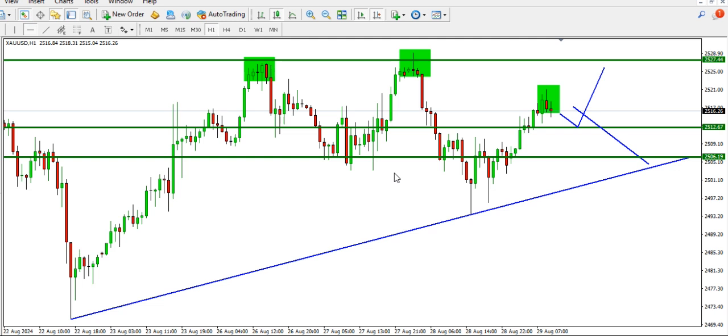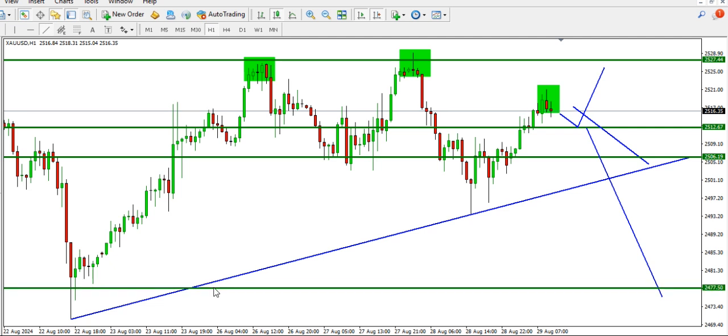But if the two order blocks fail, then we might have price dropping as low as 2477 for the triple top or head and shoulder pattern to be perfected. But that is not likely for now. Looking at this particular ascending trend line, we might see sellers being cut off around here for buyers to step in and push price up.